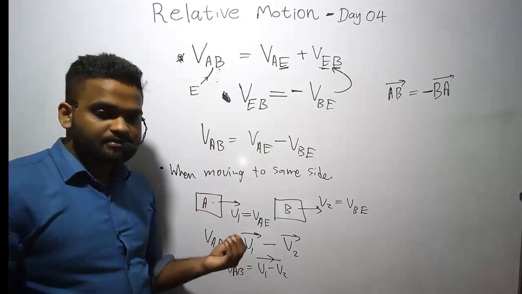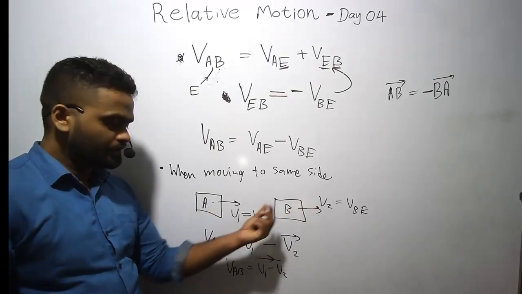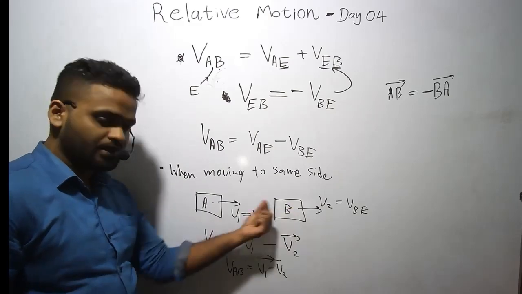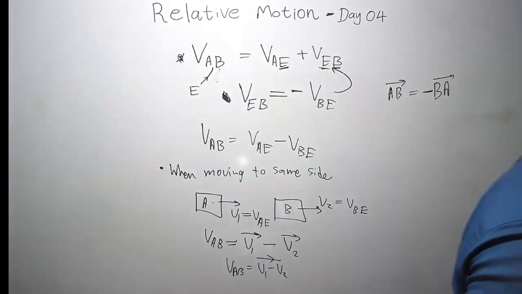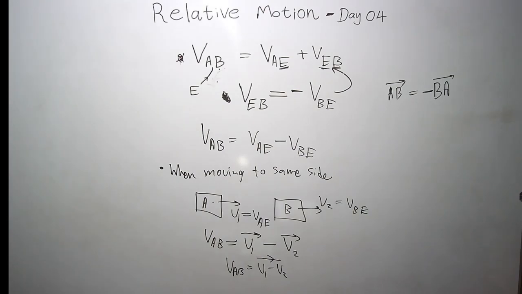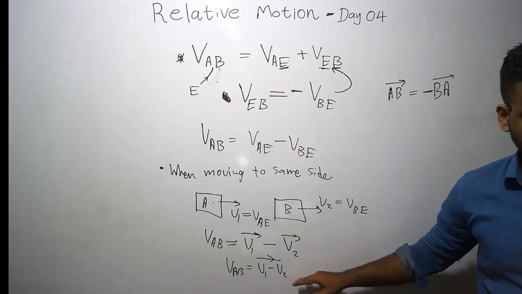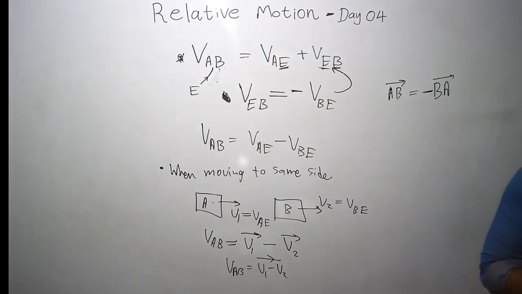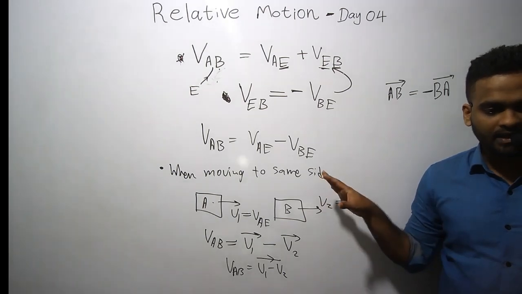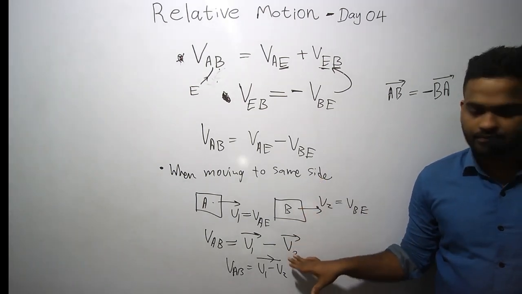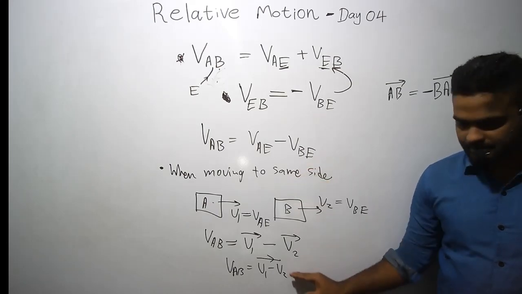So what does this mean? When the objects are moving to the same side, you just have to subtract the velocities. Take this down. You will understand further when we are doing questions. Just take this down.